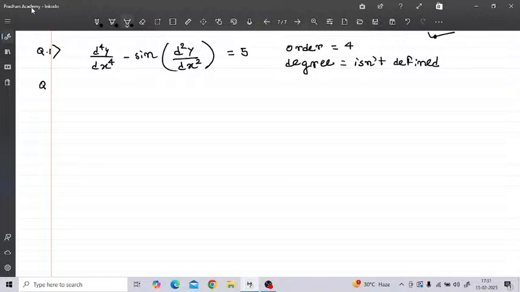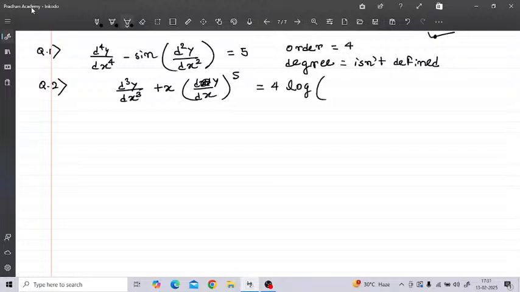Move to the second question. The third order derivative d3y/dx3 plus x dy/dx whole to the power 5 equals 4 log of d4y/dx4.